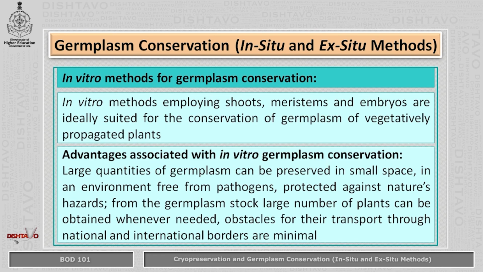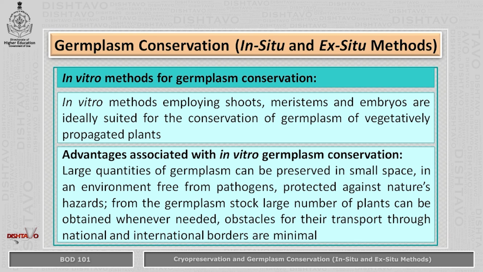In vitro methods for germplasm conservation. In vitro methods employing shoots, meristems, and embryos are ideally suited for the conservation of germplasm of vegetatively propagated plants. The plants with recalcitrant seeds and genetically engineered materials can also be preserved by this approach. Advantages associated with in vitro germplasm conservation.